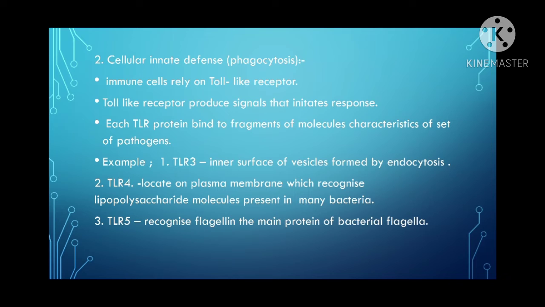Second is TLR4, located on the plasma membrane, which recognizes the polysaccharide molecules present in many bacteria. It means they are present on the cell surface. When other pathogens, bacteria or molecules have polysaccharide material outside their surface, then TLR4 is able to recognize them and perform its function.